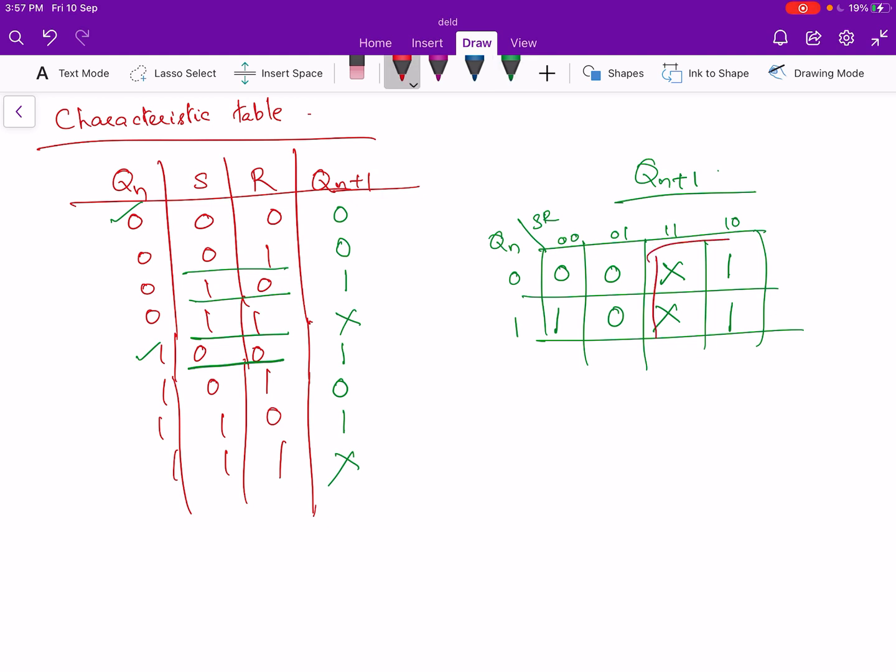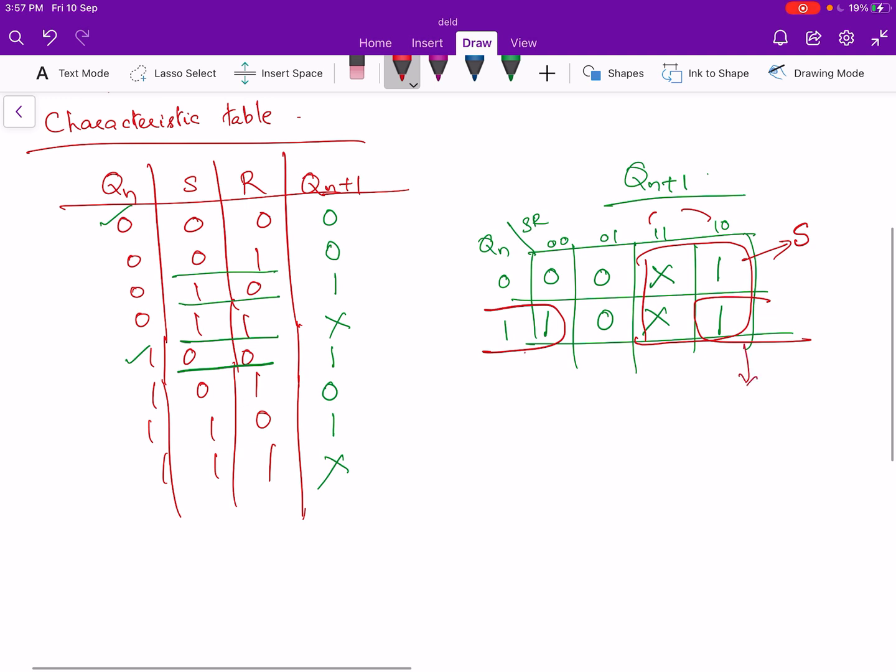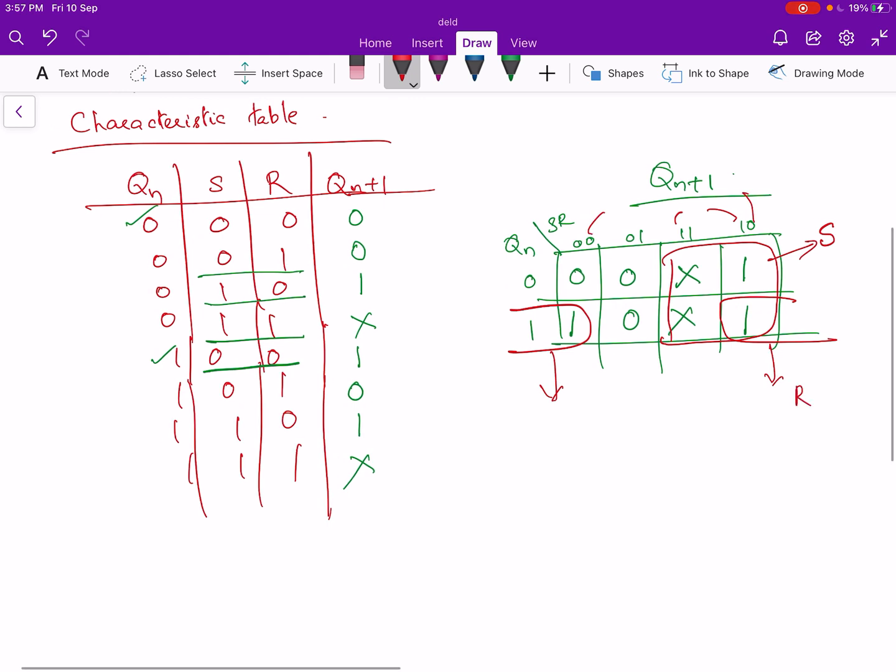These four cells can be grouped together, so that this forms a quad. Now this one can be grouped with this one. So the expression will be: here 1 is common in these two cells, so that is equal to S, and in the first and the last column 0 is common, so we can write R bar, and here it is Qn.